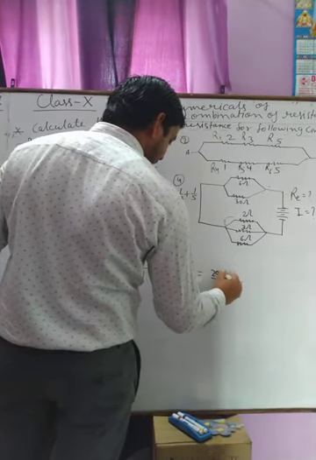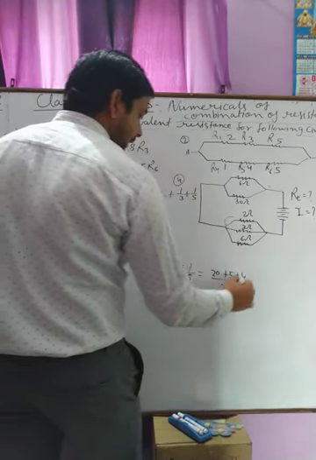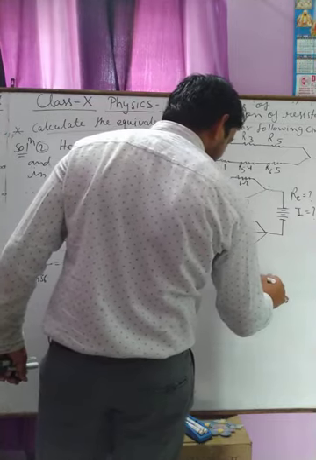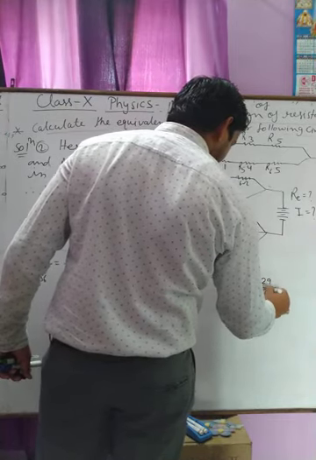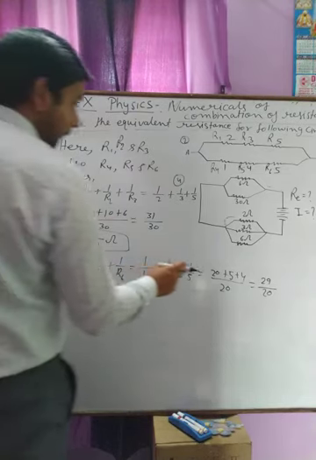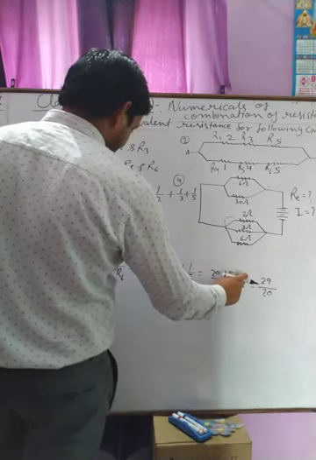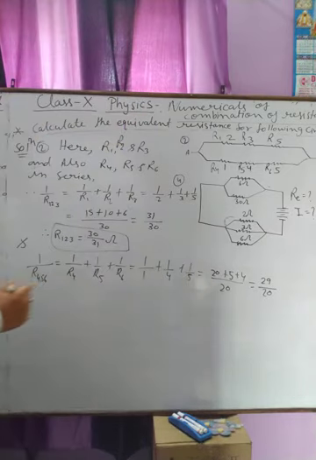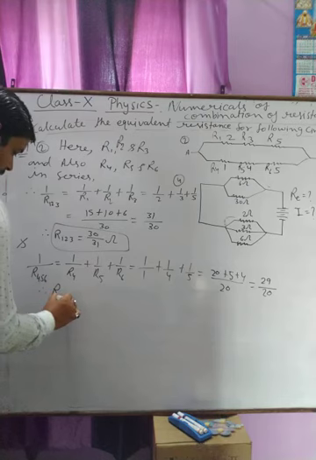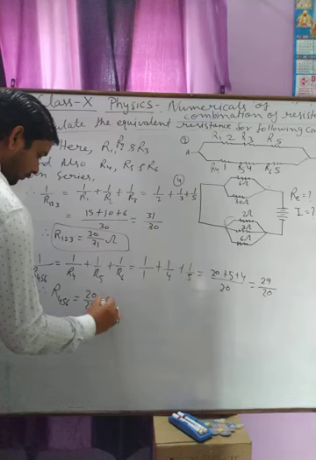Here it is 5 and here it is 4. It will become 29 upon 20. Therefore, R456 is equal to 20 upon 29 ohm.